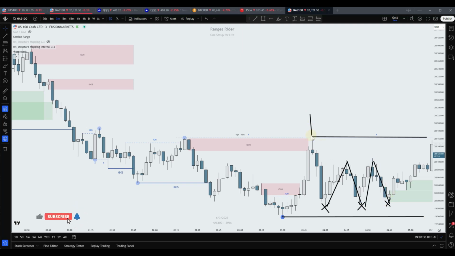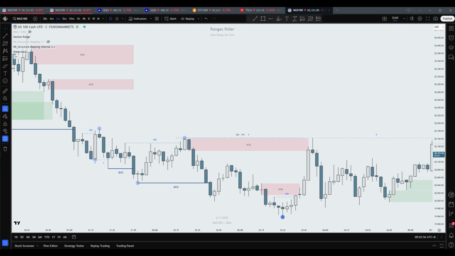So if you sold here, better to cover your position with whatever small profit you have, because the market is showing here that the price maybe will not go to take this low, and it is showing some signs of failure, because it looks like it will go back here, and then this will become what? The market structure shift.